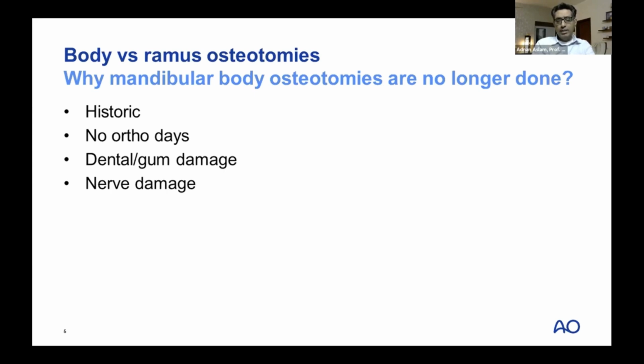And then obviously there's a caveat to doing body osteotomy, that you might end up damaging the periodontal tissue or damaging one of the teeth in between the osteotomy cuts. And obviously the nerve saving was more unpredictable in case of a body osteotomy.